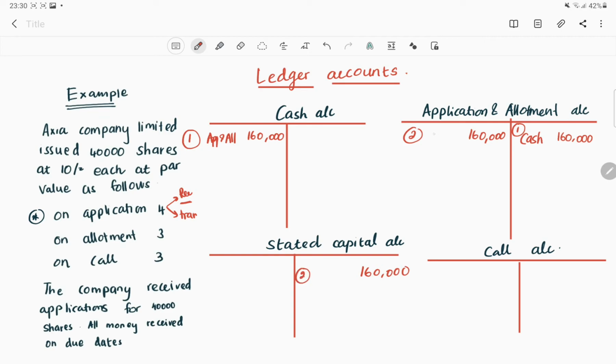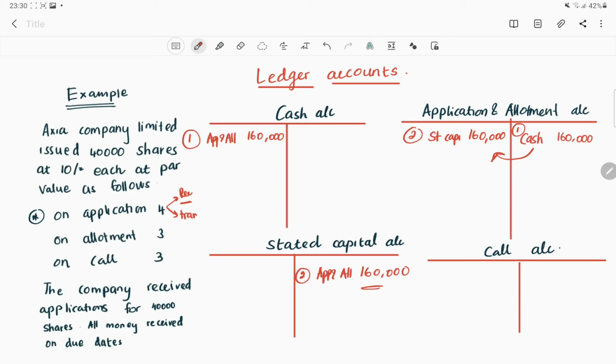So here I'm writing stated capital, since I'm taking it to the stated capital account, and here I'm writing application and allotment account. So what I have done is that I have removed the money from the application and allotment account and put it into the stated capital account.